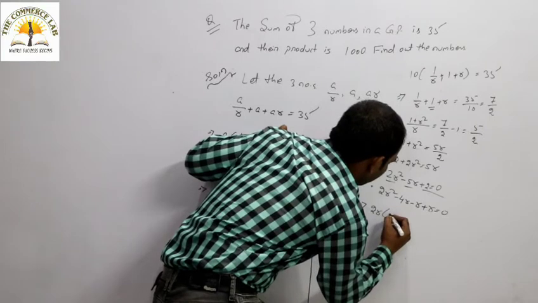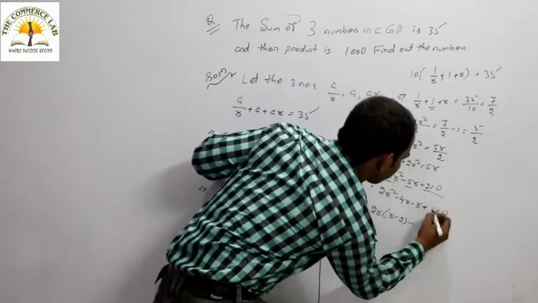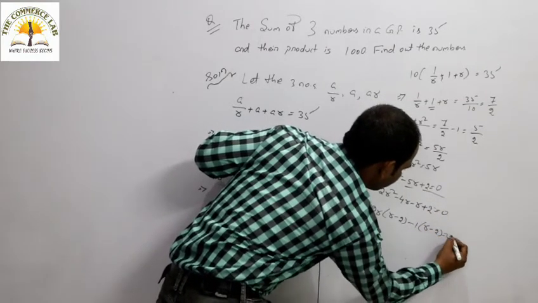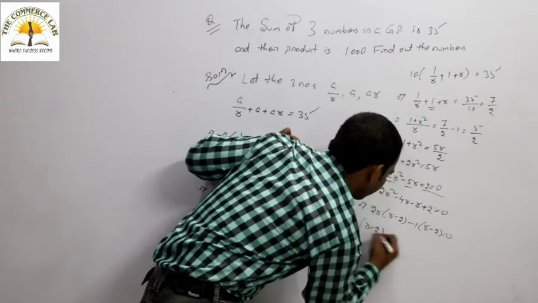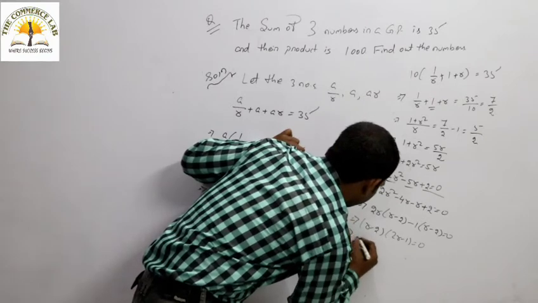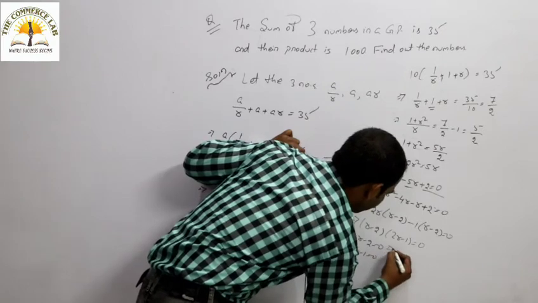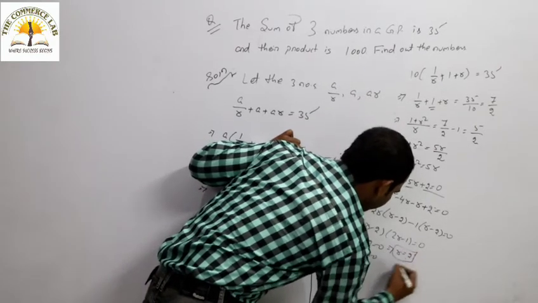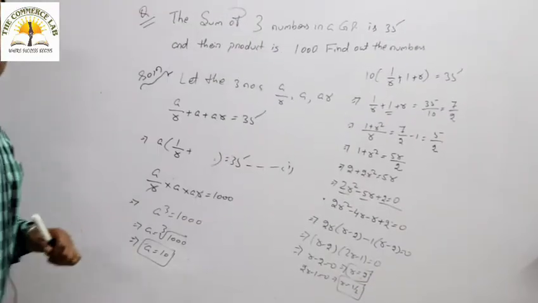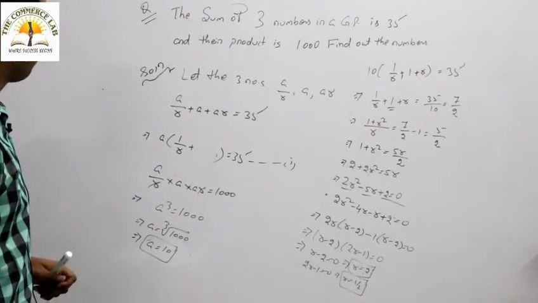Taking 2R common, R minus 2, taking 1 common, R minus 2, we get R minus 2 into 2R minus 1 equal to 0. This implies R minus 2 equals 0 or 2R minus 1 equals 0. This implies R equals 2, R equals 1 by 2.